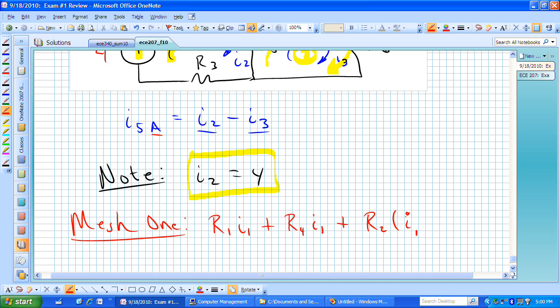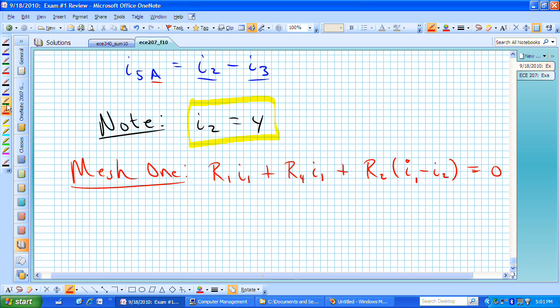We want the voltage drop to be positive from the right to the left across R sub 2, which says that we want the current going from right to left through R sub 2 to be I sub 1 minus I sub 2. And that is all of the drops around mesh 1.